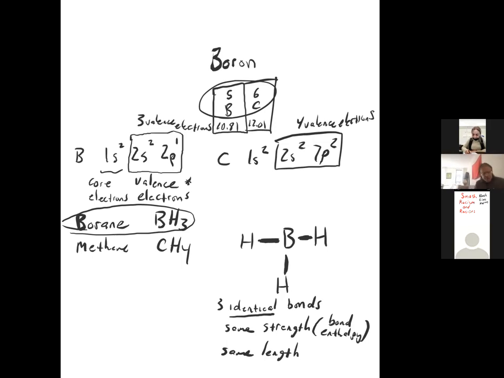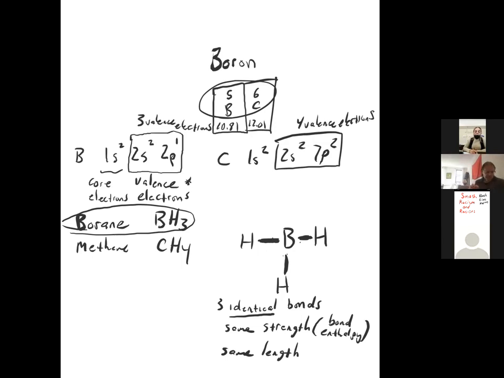Okay? So how do we get 3 identical bonds? Valence bond theory is based on the idea that the strength of a bond and the bond length, the type of bond you have, is all about the overlap, right? The orbitals have to overlap. So if all three bonds are identical, that means that the boron has to be using three identical orbitals.